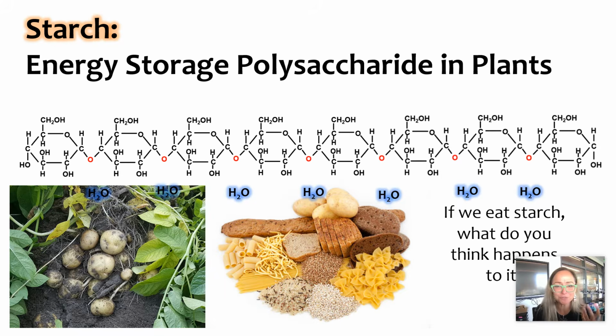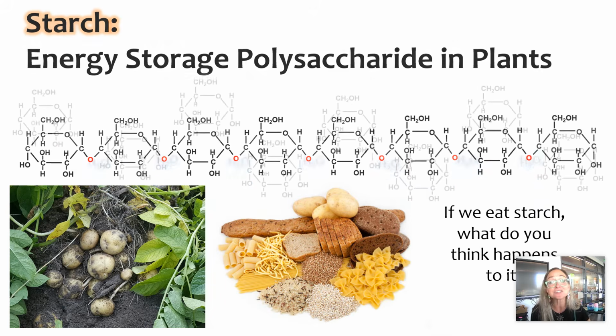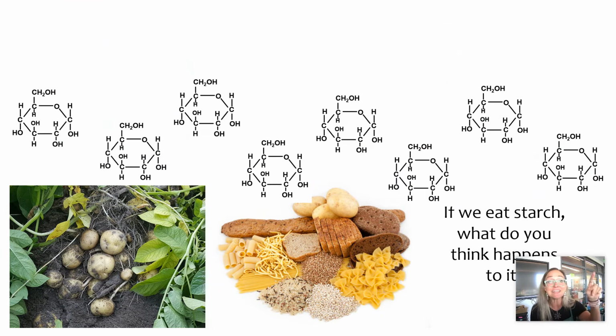Hopefully you're picturing that starch is a very long polymer, a very large molecule. We have enzymes in our saliva, and when we begin to chew French fries or pasta or rice or bread, we take that polysaccharide of starch and hydrolyze it into individual glucose monomers. And now that is energy for us.